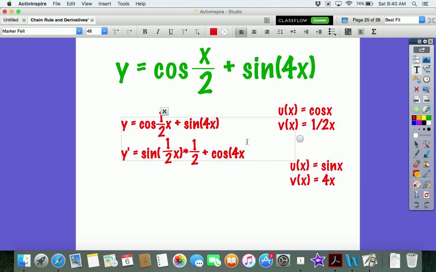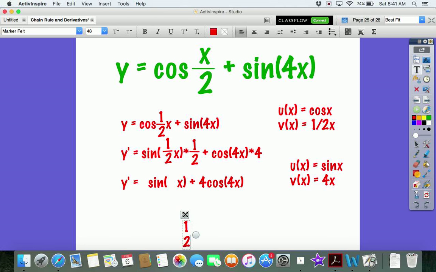We're not going to put an x, we're going to put the inside function 4x, and then multiply by the derivative of the inside function, which is 4. So when we simplify, we have negative 1/2 sine of 1/2 x plus 4 cosine of 4x. So this will end up being our final answer right here.